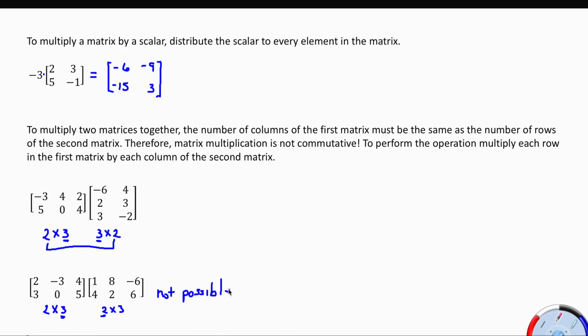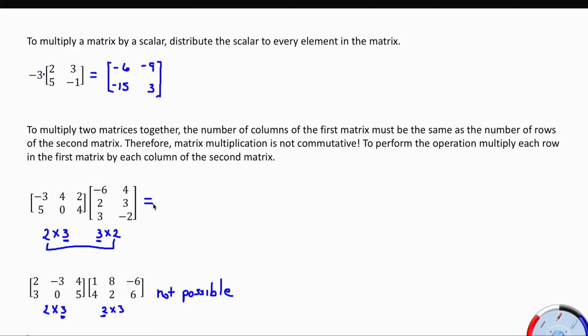To multiply two matrices, the number of columns in the first matrix has to be the same as the number of rows in the second matrix. And then your answer matrix will be the same number of rows as in the first matrix, columns in the second. So I can expect to get a 2 by 2 out of multiplying these two matrices.